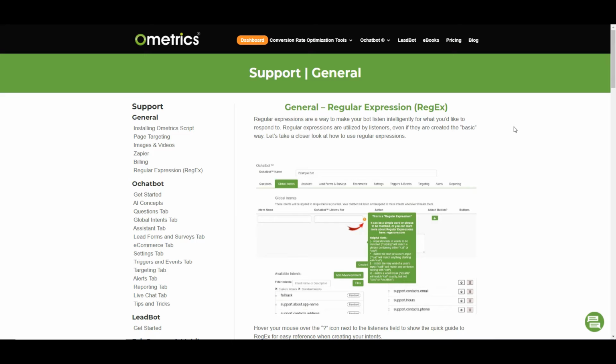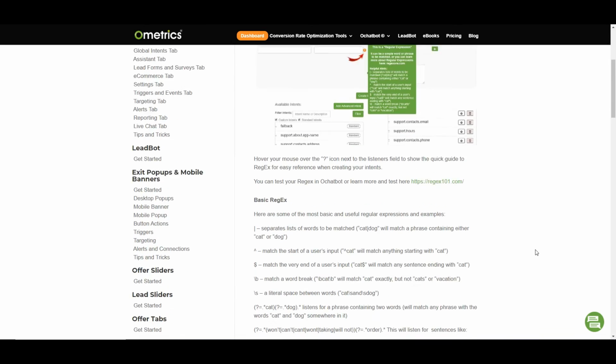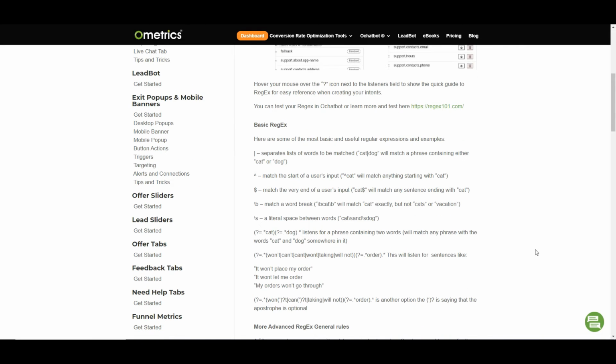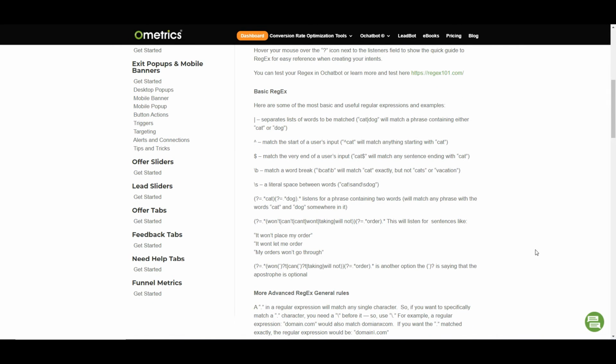Okay, now let's get to some more specific examples with natural language processing and regex. If you go to the support section of the site, you can click on regex and you'll find this document that has more information. Some of the basic regex examples are, the simplest regex is just having a word or a phrase.